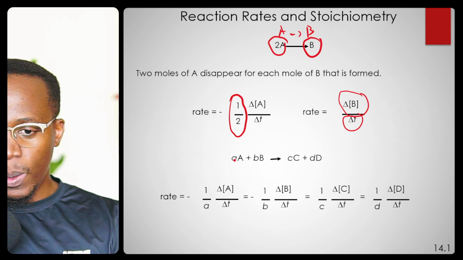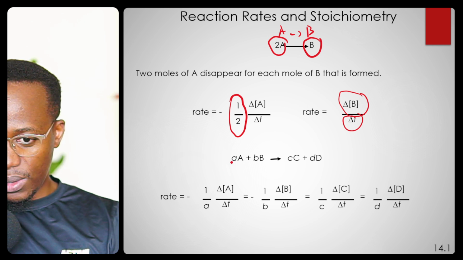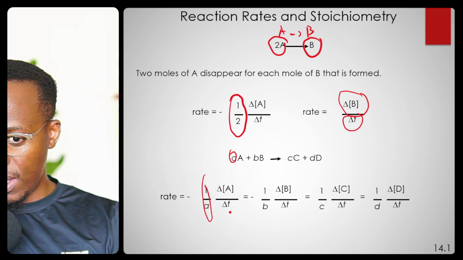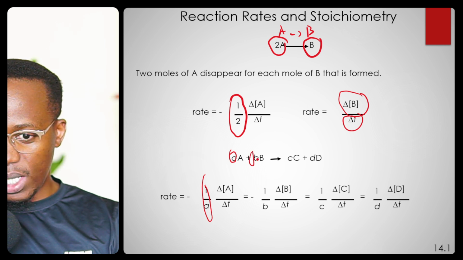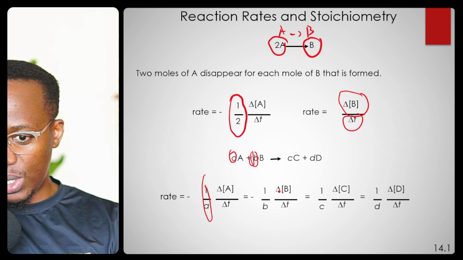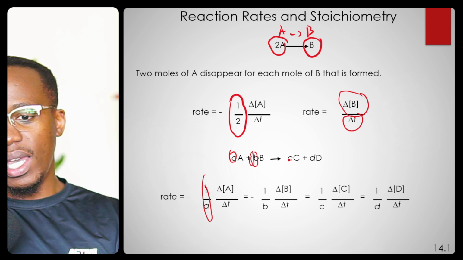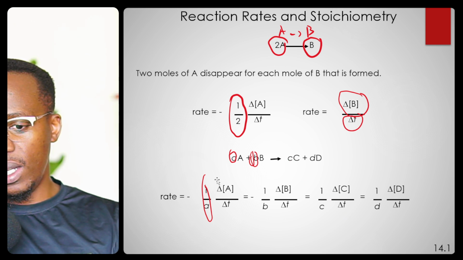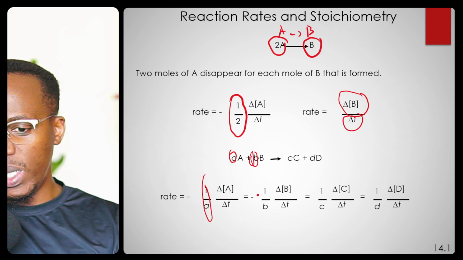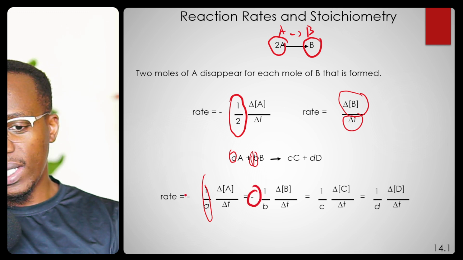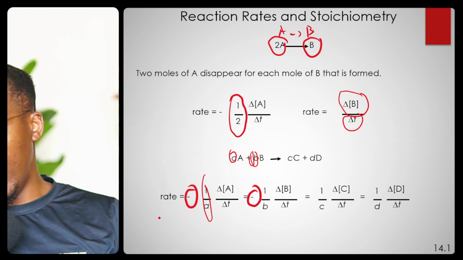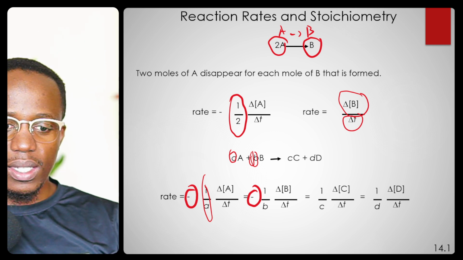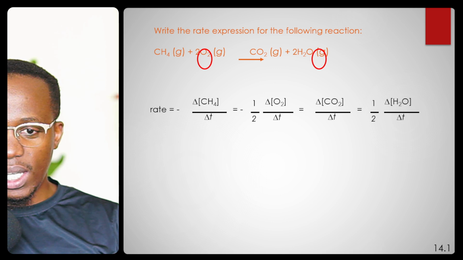So 1 over a times the change in a over time is equal to 1 over b times the change in b over time, and is equal to 1 over c times the change in c over time. And as we usually do, and we now know why, the reactants have negatives because it's the disappearance. So this is how we illustrate the change.